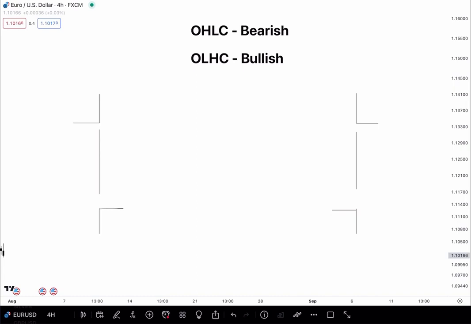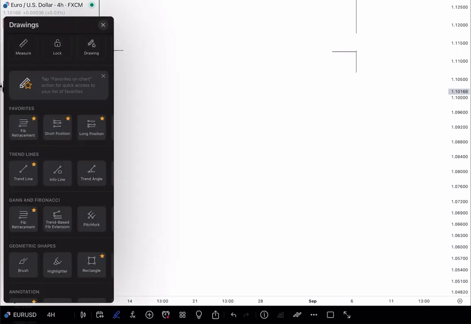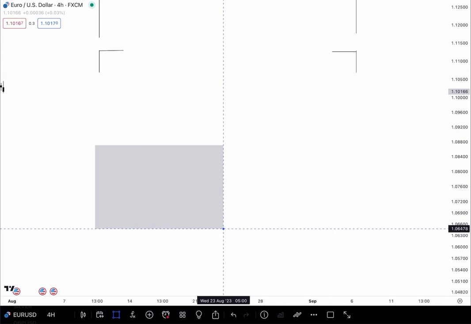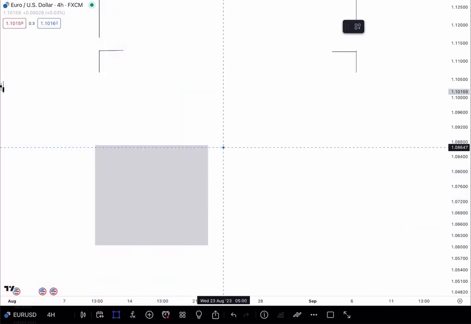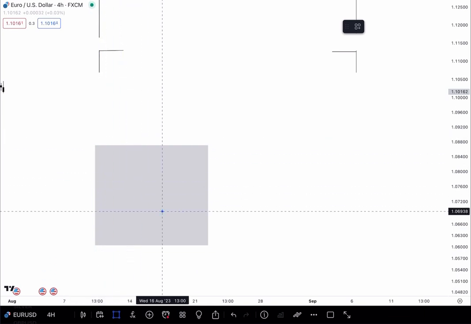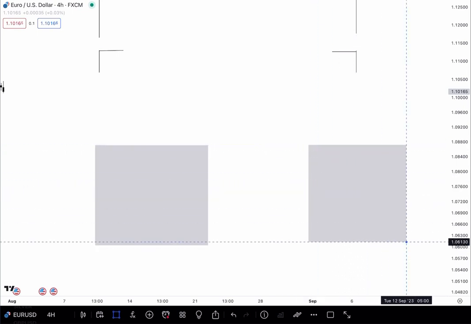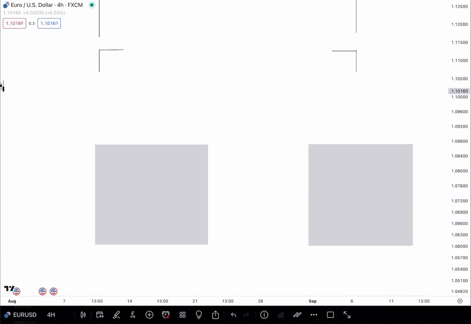Now, there are two main theories, which is each candle is divided into three parts. Right? Accumulation, manipulation, distribution. And the other one says each candle is divided into four parts.